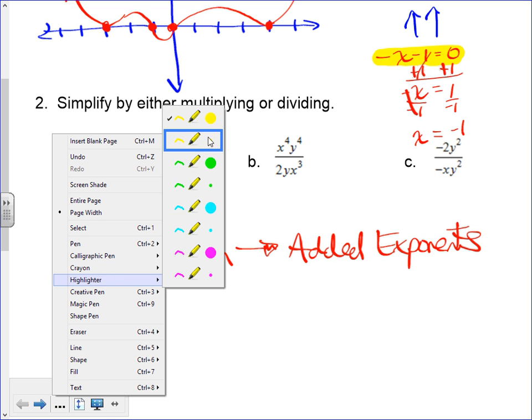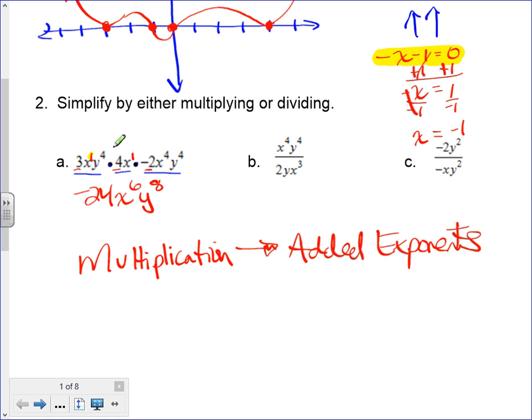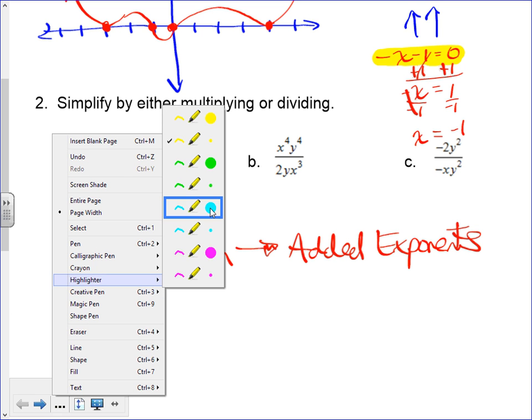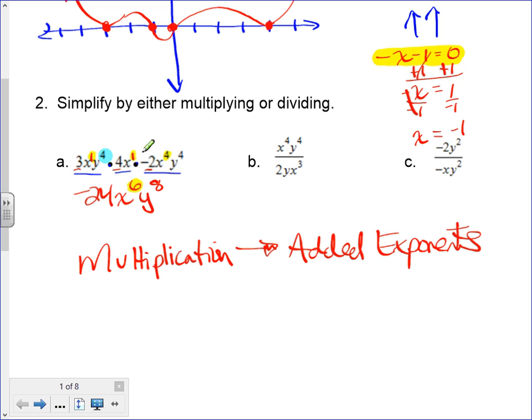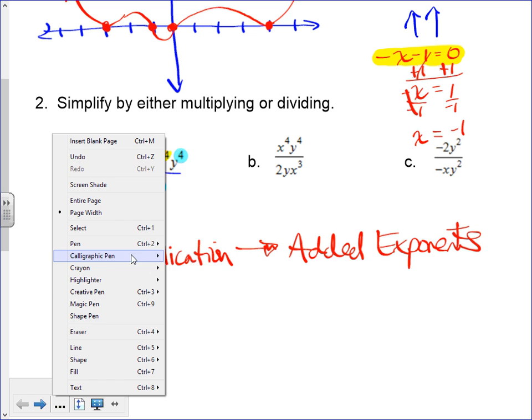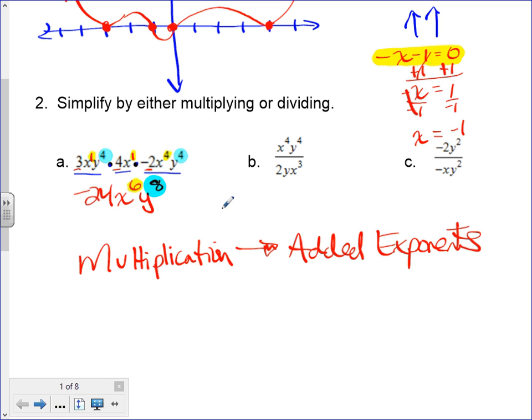So just to make sure you understand what's going on here. 1 plus 1 plus 4 is 6. 4 plus 4 is 8. So we're adding exponents there. Come over here and it's no longer multiplication, is it? Now it is division.